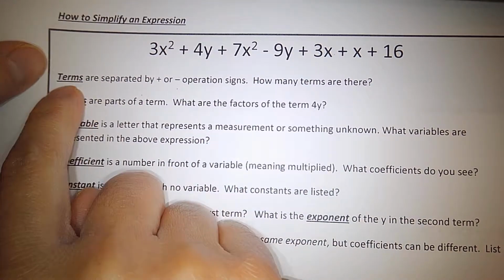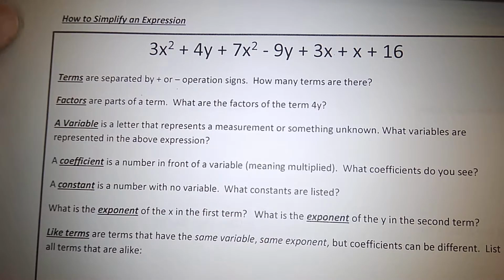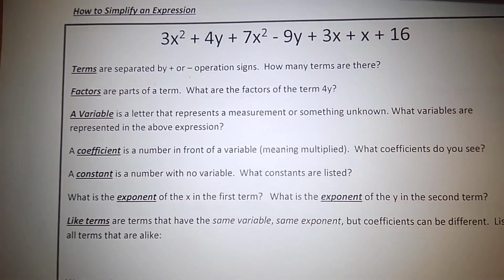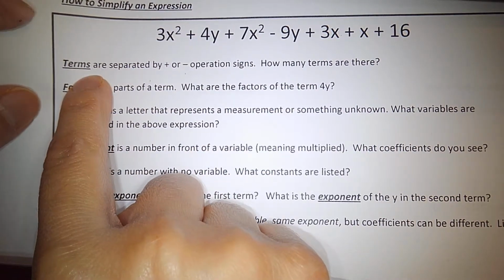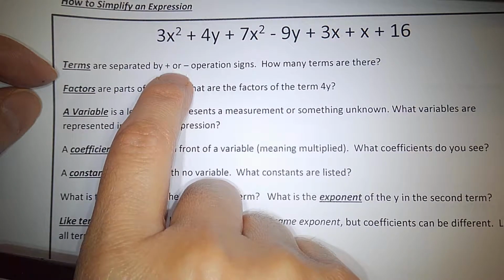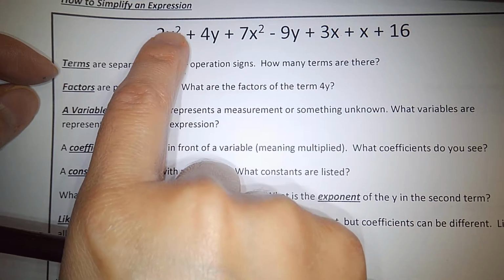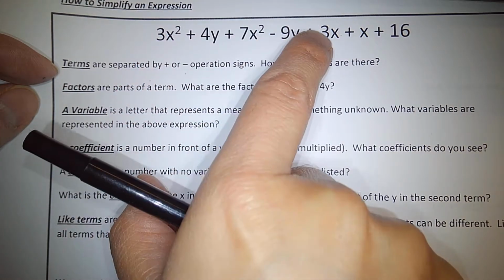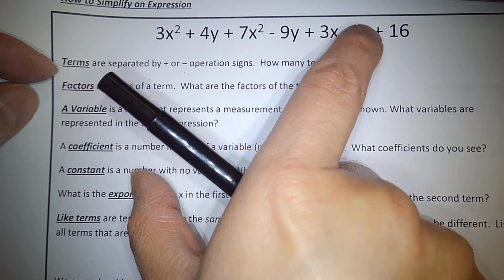First, we need to know what are called terms. We're going to use this example. Terms are separated by addition or subtraction operation signs, okay? See, these things are separated by addition or subtraction signs.